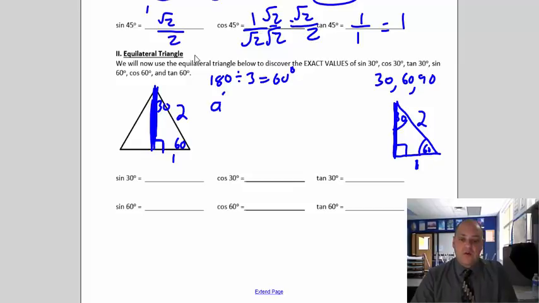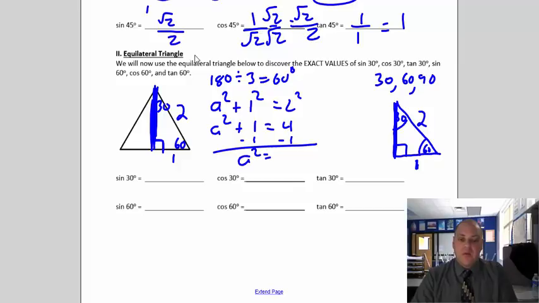So it's a squared plus 1 squared equals c squared. a squared plus 1 equals 2 squared, which is 4. I'm going to subtract 1. I'm going to get a squared equals 3, and I'm going to take the square root. So I have the square root of 3. Square root of 3 is going to be that altitude, that height of the equilateral triangle.